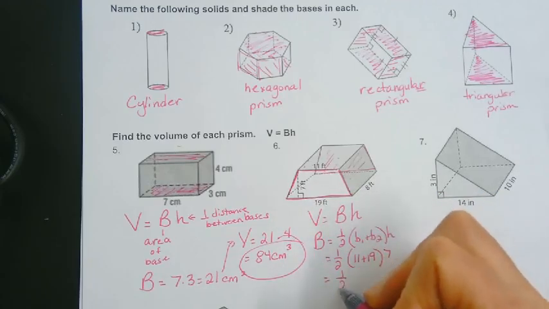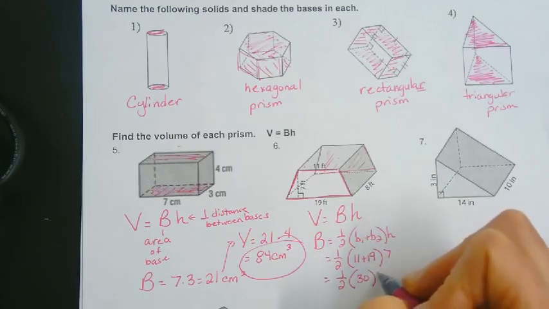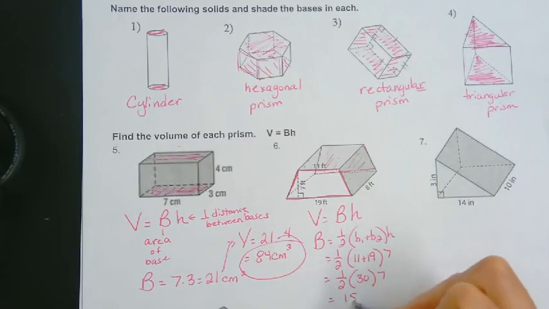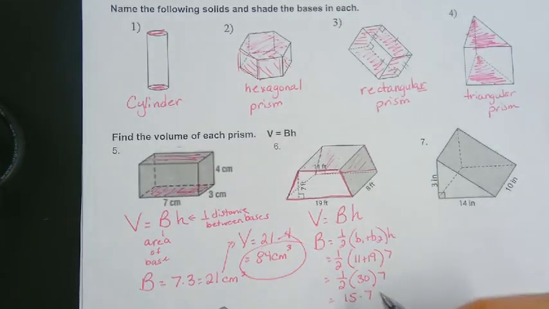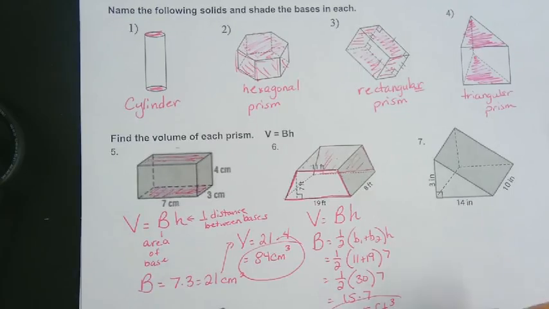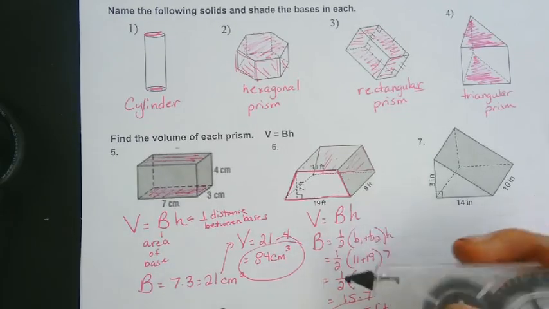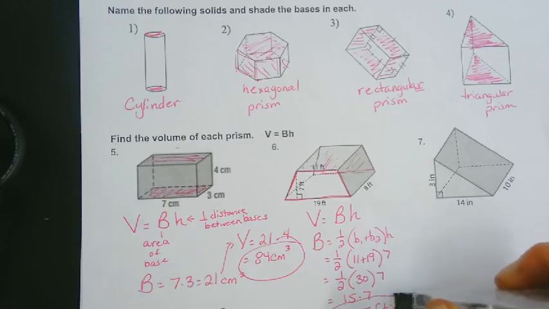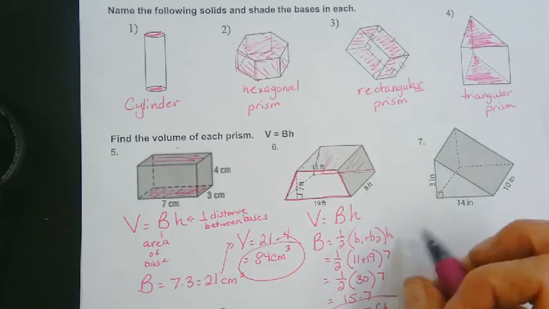That's equal to 1/2 times 30 times 7, which is 15 times 7, and that is equal to 105. Oh, I'm so sorry, this is the area. This is going to be 105 feet squared.